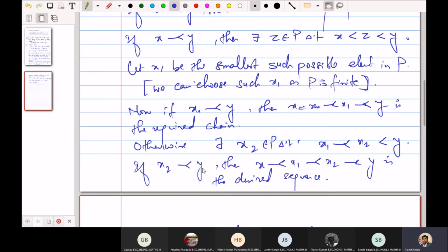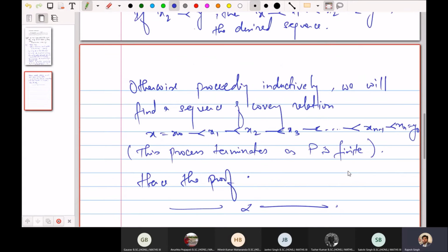If x2 is covered by y, then we are done. Otherwise we proceed inductively, and since our P is finite, this process will stop, so we will be able to find a sequence of covering relations. Is it fine, everyone?